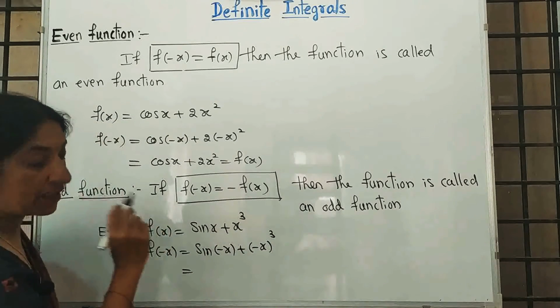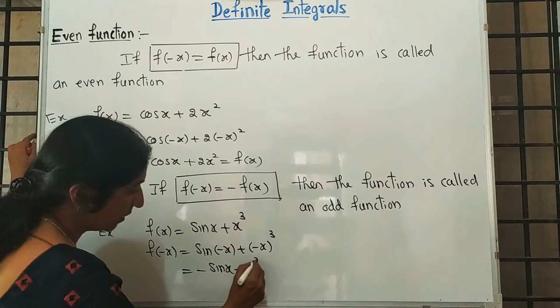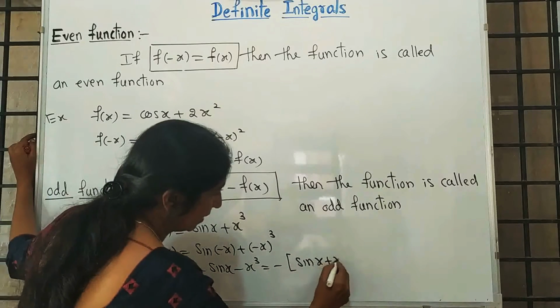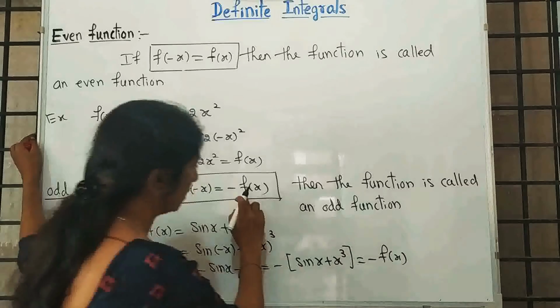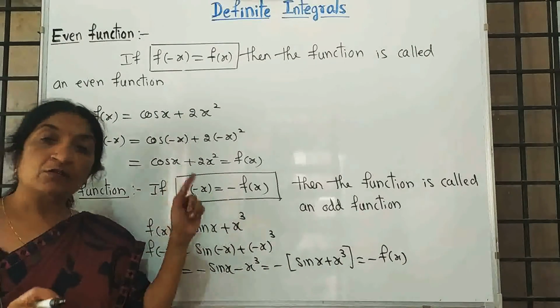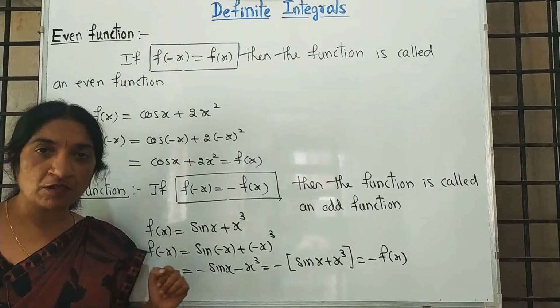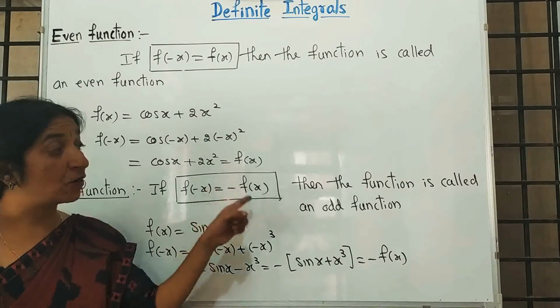Sin of minus theta is minus sin theta, and minus x whole cube is minus x cube. Take minus common: sin x plus x cube, that is nothing but minus f of x. See, did we get this point or what? So this type of function is called an odd function. See why I explain this: because the next property, the last property of definite integrals, depends on this concept.